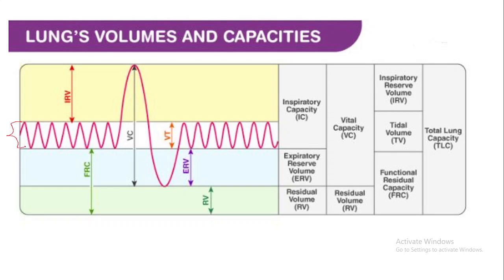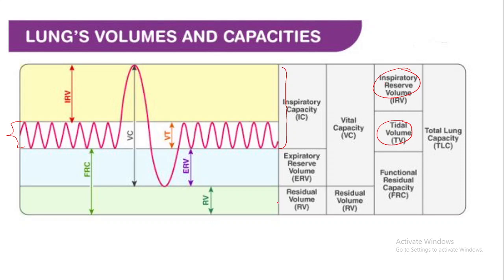The pink waves that you see represent the tidal volume, the normal 500 ml of air that we keep respiring. There is more space for air. This includes inspiratory capacity: inspiratory reserve volume plus tidal volume is the total inspiratory capacity. It includes the normal and the additional.